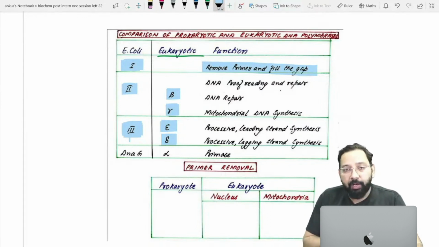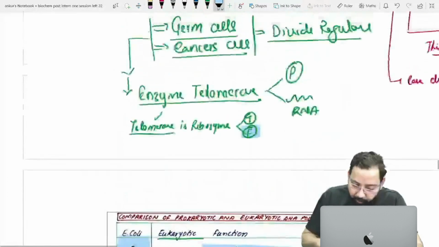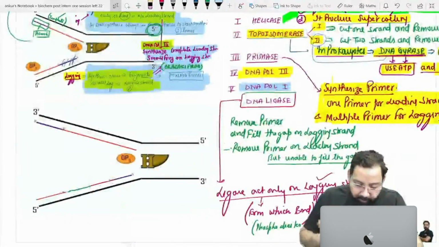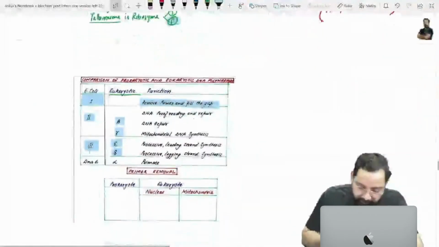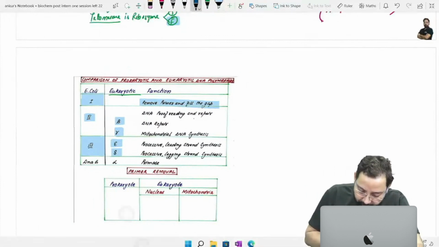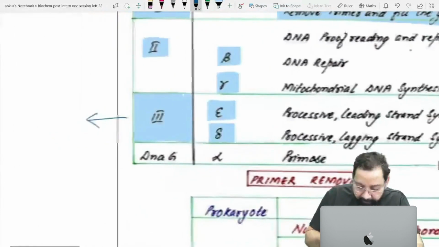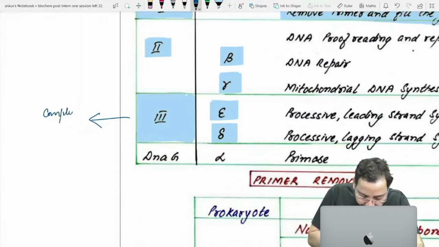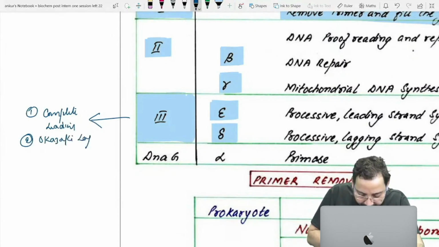First of all, you will remember the prokaryotes. We have discussed prokaryotes. DNA polymerase 1 removes primer and fills the gap. DNA polymerase 3, I have discussed, completes the leading strand and makes small fragments, Okazaki fragments, on the lagging strand.